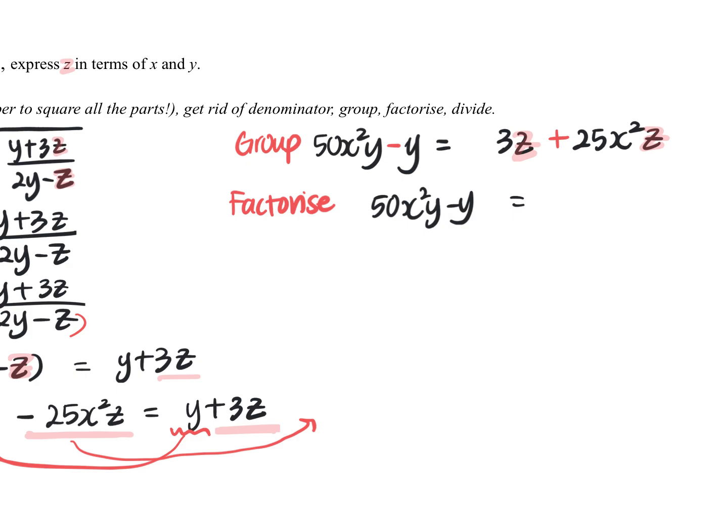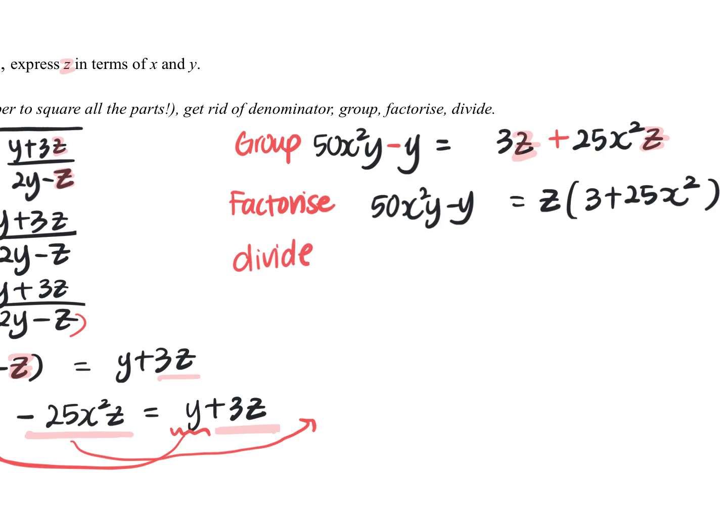I'm not bothered with it in case I do it wrongly, okay? But I'm going to factorize out the z from the right hand side. So I will have z bracket 3 plus 25x squared. Okay? Right? Okay, this step.